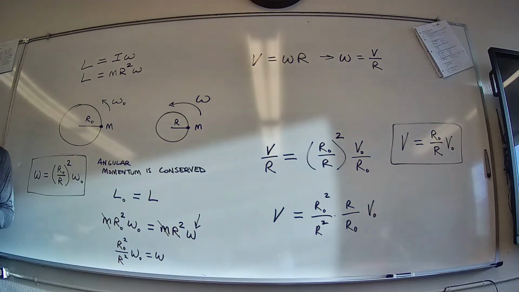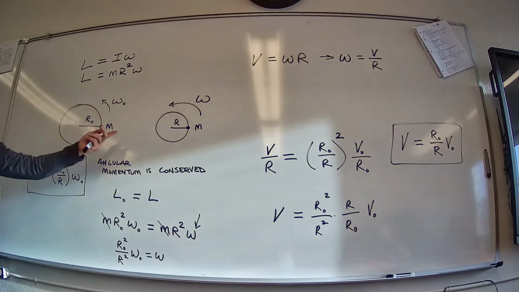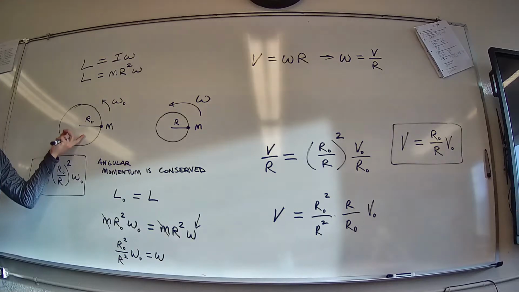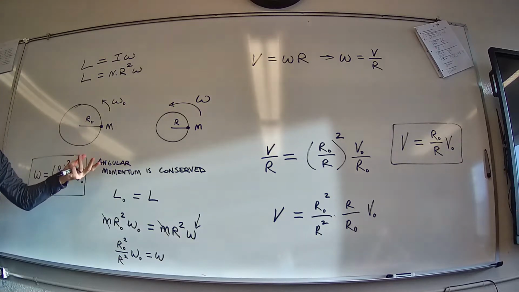And then C, what determines whether the ball will speed up or slow down? Very simple answer to this question. Sorry, this is where the printer failed me. Or I failed the printer, one of those two. What's a concise way to write this? So you know the answer, right? If this R is bigger than this R naught, it will slow down.